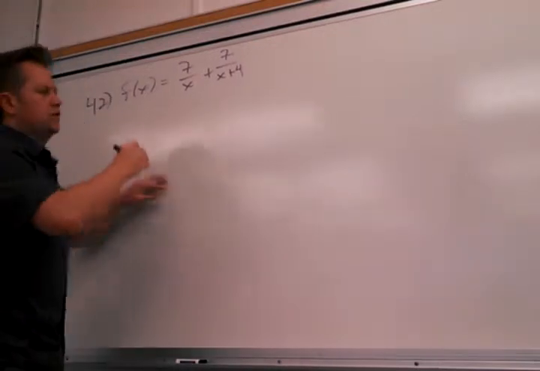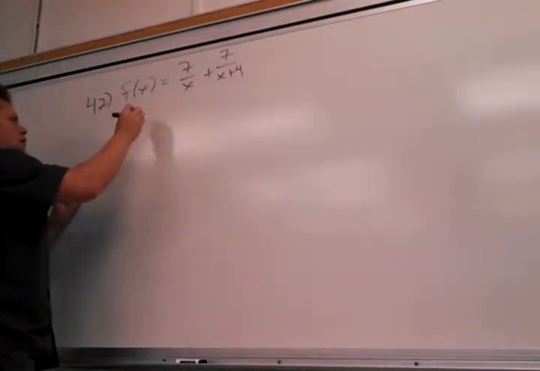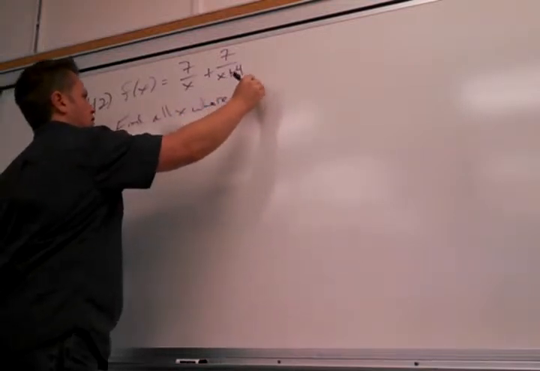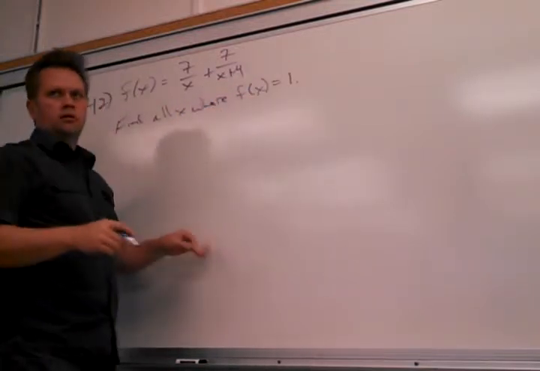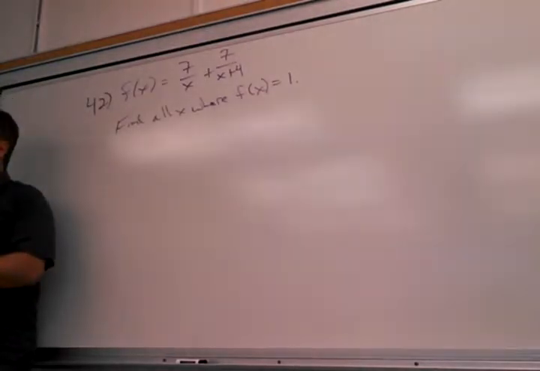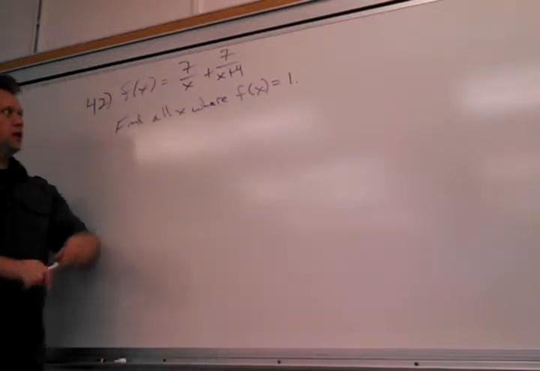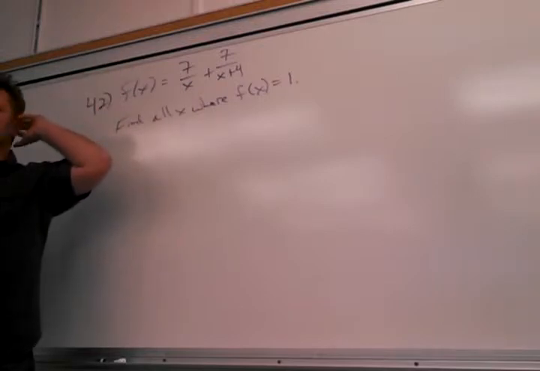And they say find all x where f of x equals 1. And for some reason people answer a different question. I always like that. They're like, I don't like that question. I have a better question. I'm going to answer that one. I'm like, no.